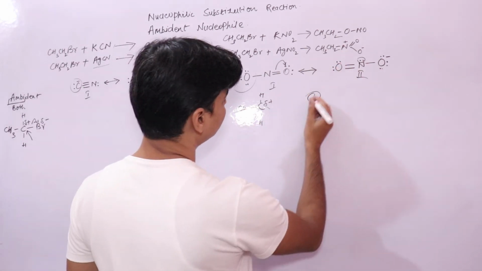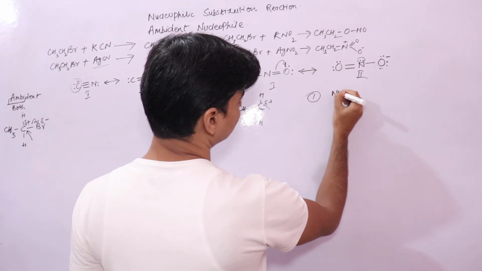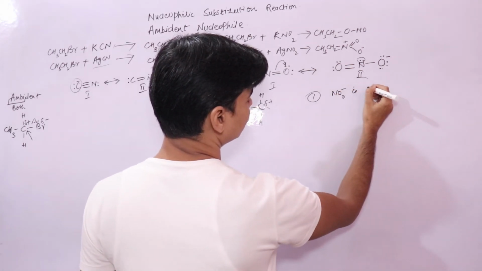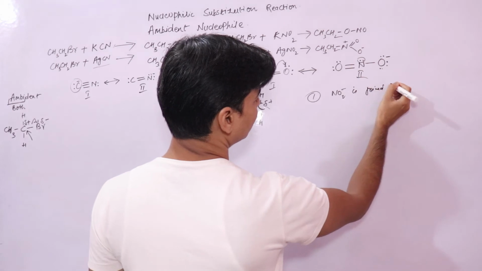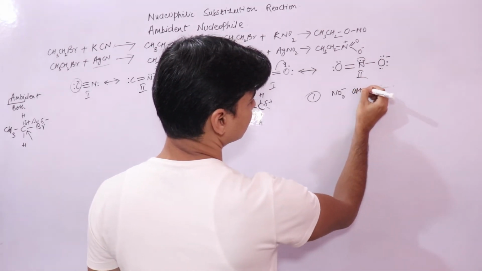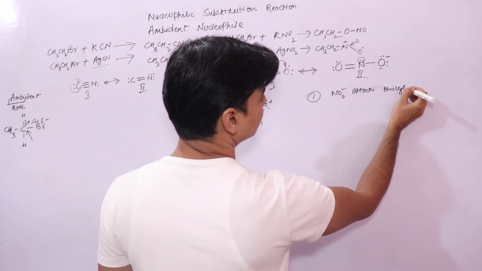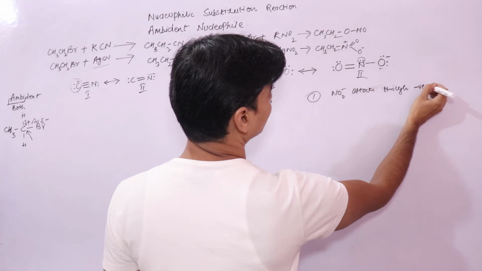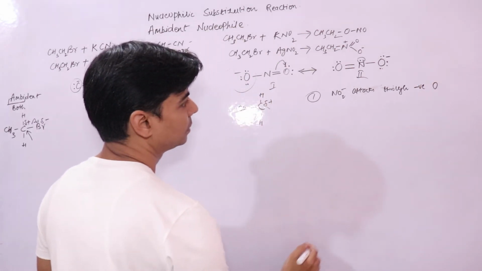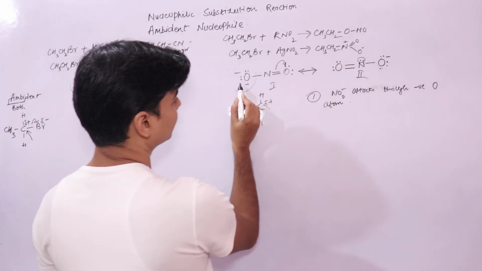So the first reaction is where nitrite ion attacks through the negative oxygen atom, here, this one.